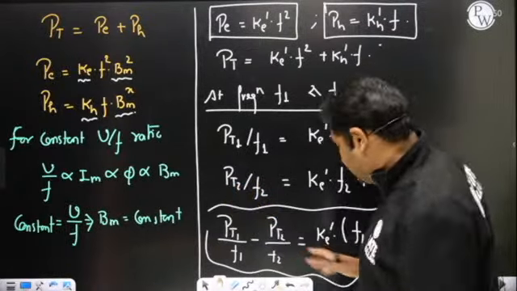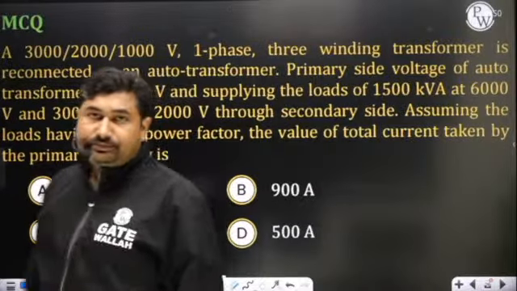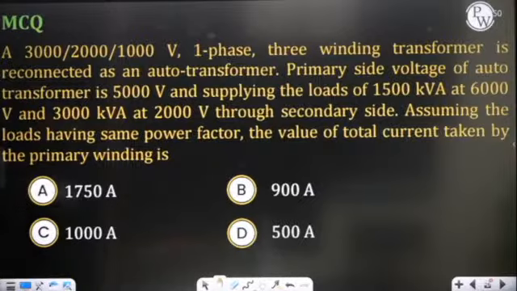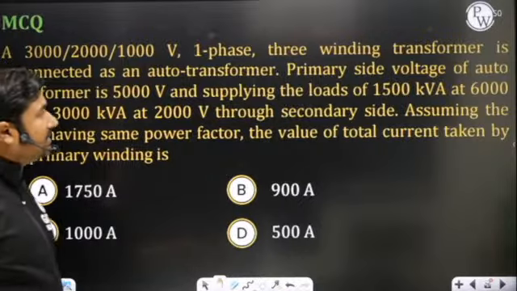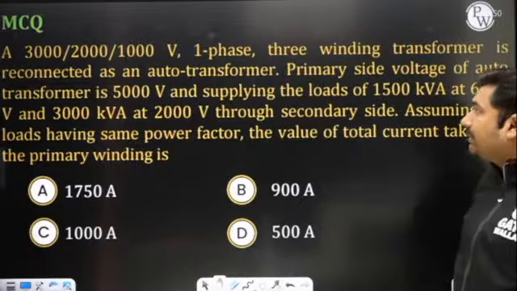Now please observe here. One more question. A 3000 by 2000 by 1000 volt single phase, 3 winding transformer. Now I am talking about the multiple winding transformer.